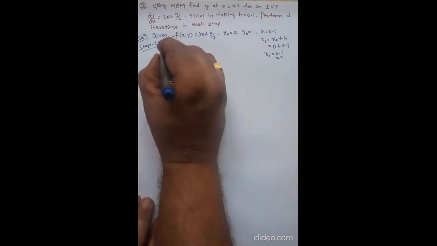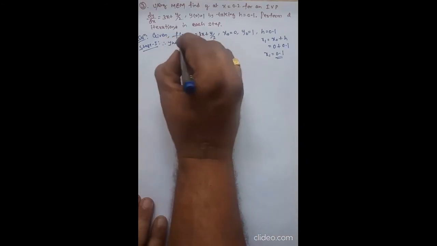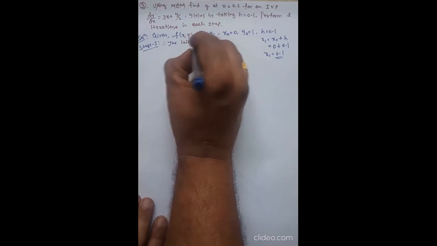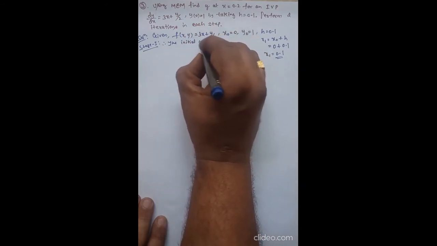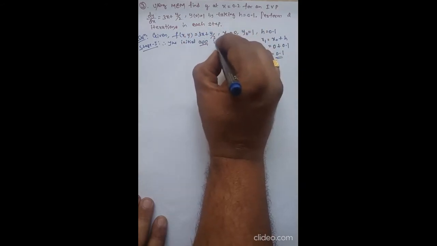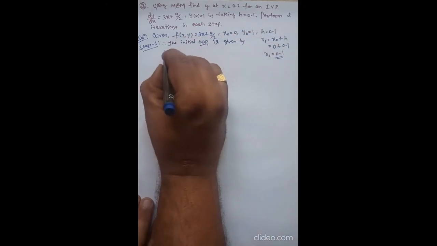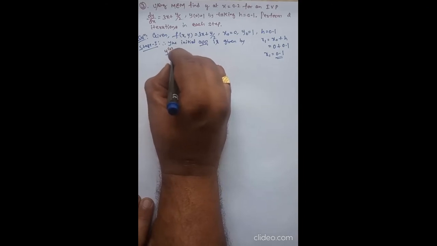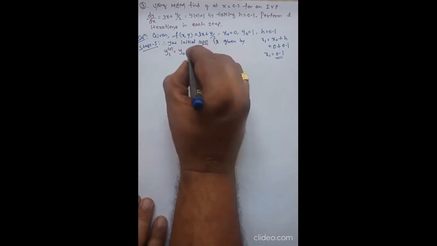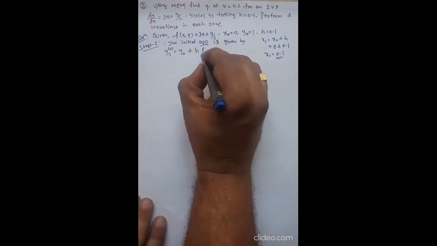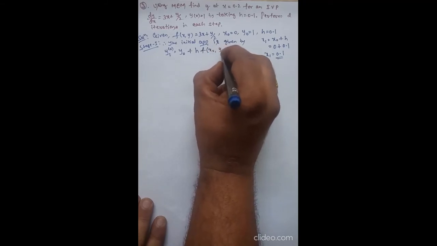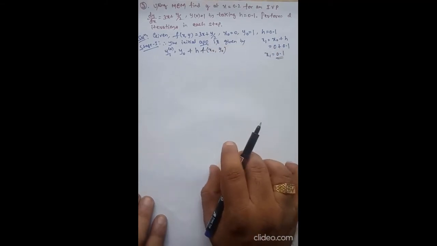Therefore, the initial approximation is given by Euler's formula: y1 power 0 equals y naught plus h into f of x naught comma y naught.